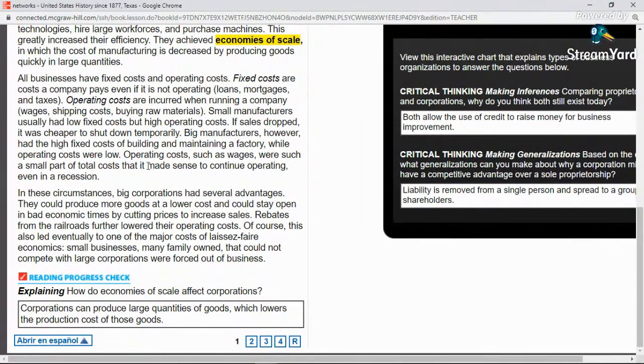Because I can't hire that many people, so I have to find one person. I usually don't have transportation that's so good. I can't get the train to bring me my products. I maybe have to drive somewhere in a car and get the materials. So my operating costs can be higher than my fixed costs. Okay. So because of this, if it becomes too expensive to operate, or if I'm not selling very well, it's better to just shut down.